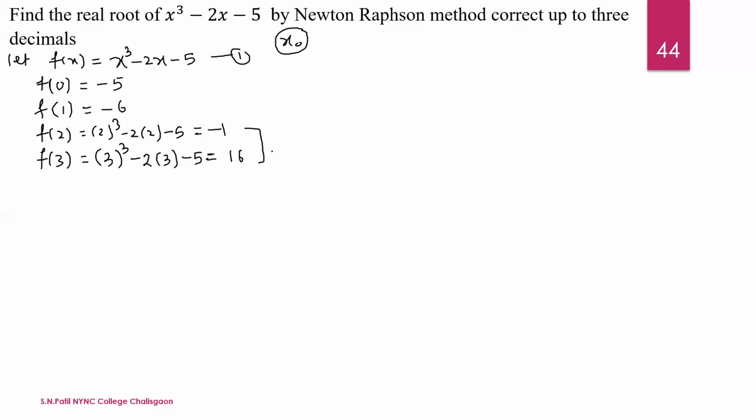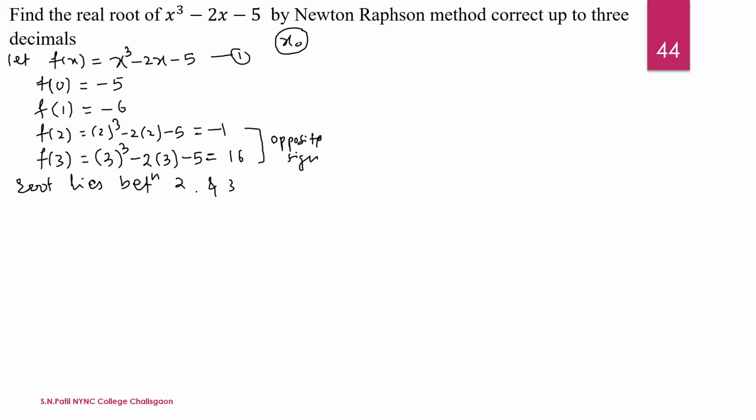Now see here, we get the opposite sign. It means the root lies between 2 and 3. Now we choose x0 here for the first approximation.